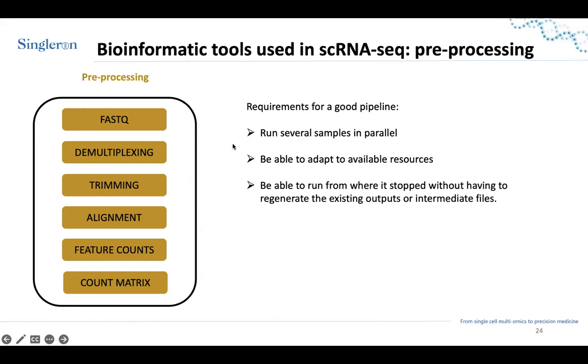For example, let's imagine that you provided the location for a genome file that is used here, but this location is wrong. You just made a typo. Then you run everything correctly from here to here, perfectly, no error. But then here it shows you an error message. Then what you do, you correct the path and you rerun it. It should not rerun everything. It should just start from where it stopped.